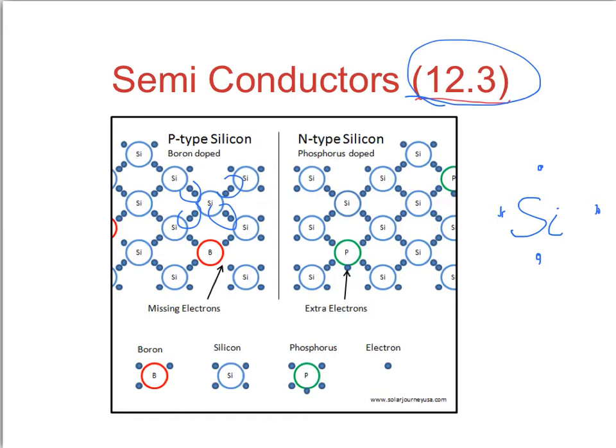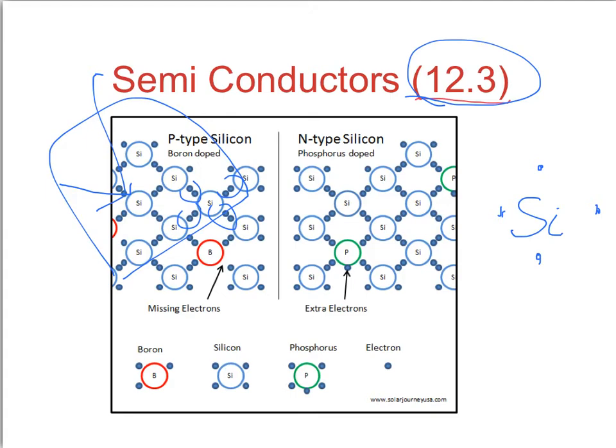In general, silicon, when it's just plain old silicon, does not conduct electricity. You can, with heat, cause an electron to get ejected, and that would cause basically what they call a hole that is positively charged, and that positive charge can jump around and cause some conductivity.